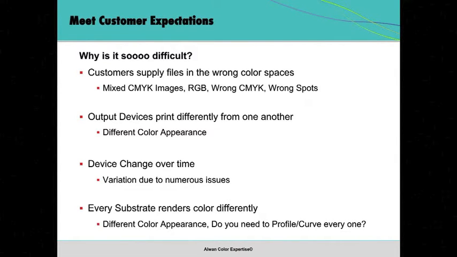And then you add multiple substrates into the mix, and you start holding your head going, do I really need to build a profile or build a G7 curve for every substrate? Really? So, for all these reasons, meeting customers' expectations when it comes to color is a challenge.